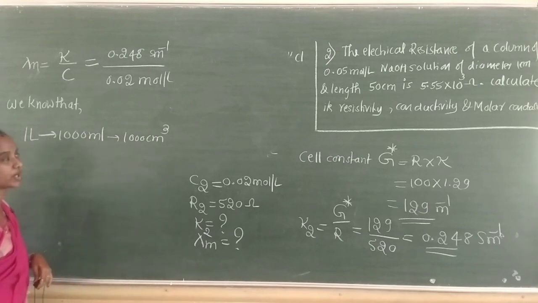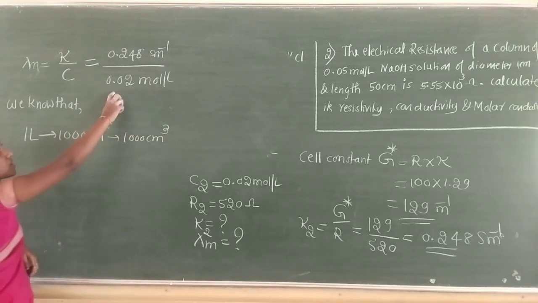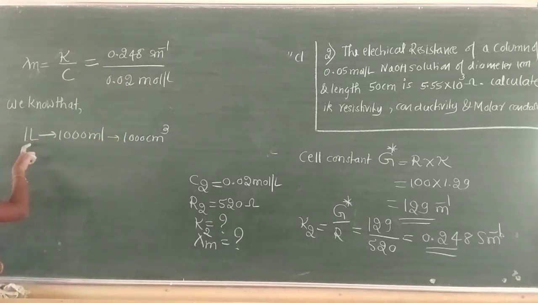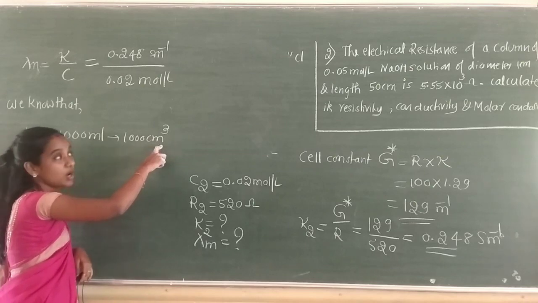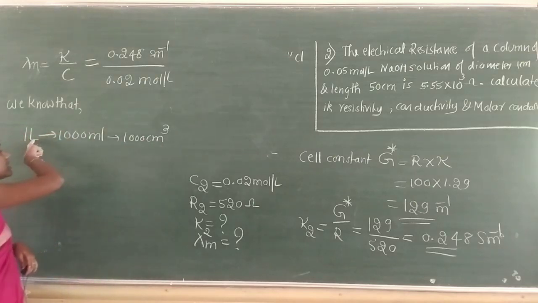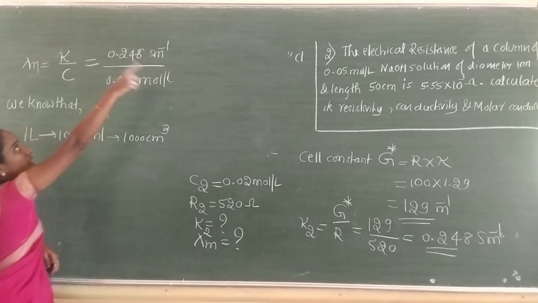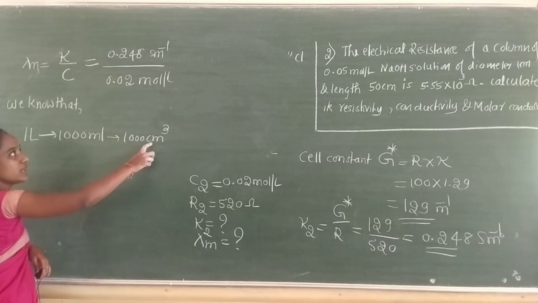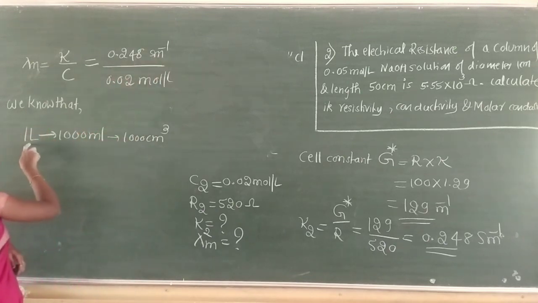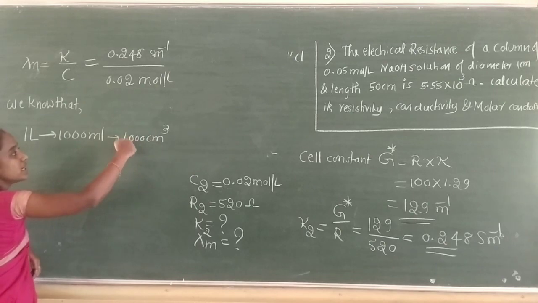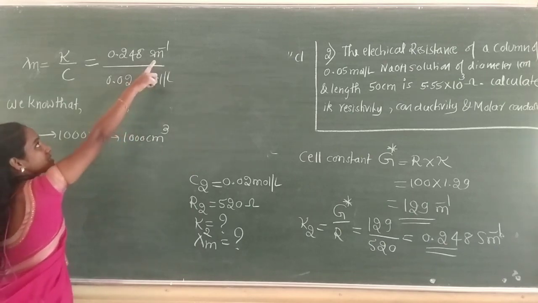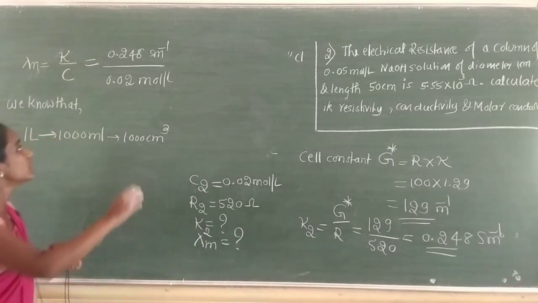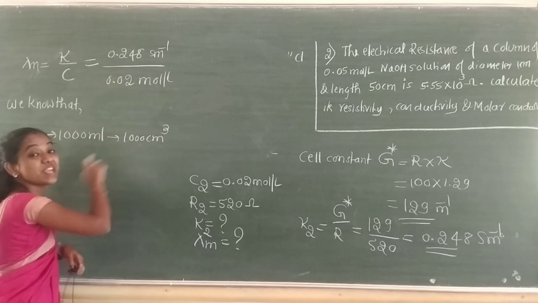Now, since we have 0.02 mole per liter, in 1 liter we have 1000 cm cube, but we need liters in terms of meters. Why? Because in the numerator we have Siemens meter inverse. If it were in centimeters, then directly we could write 1 liter as 10 to the power 3. But since the numerator value is in meters, we have to convert this liter to meters.